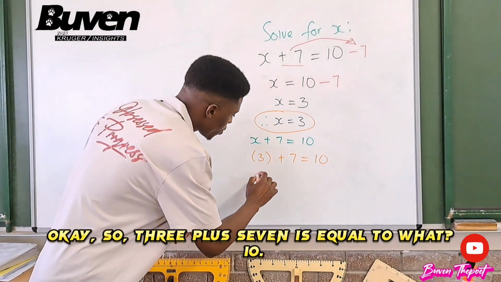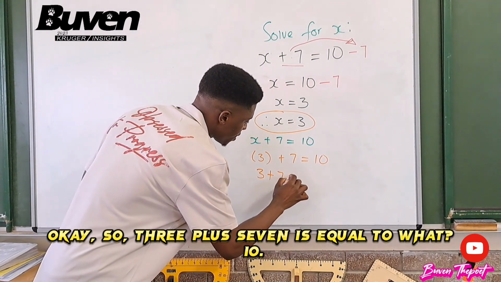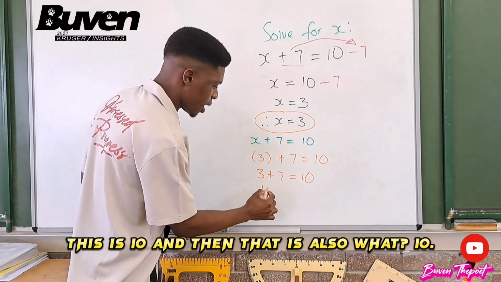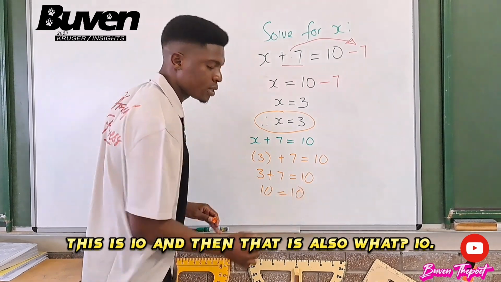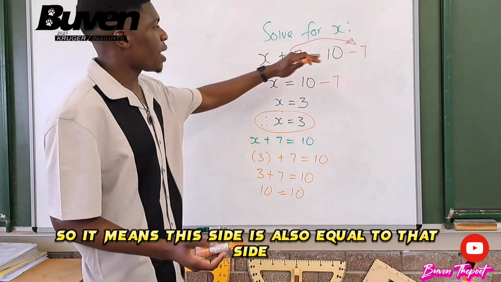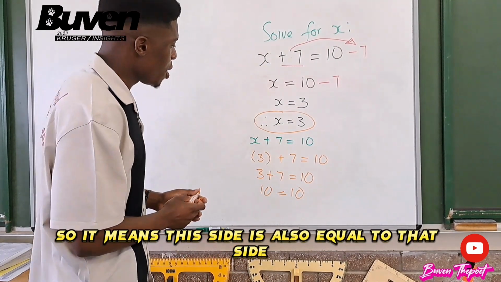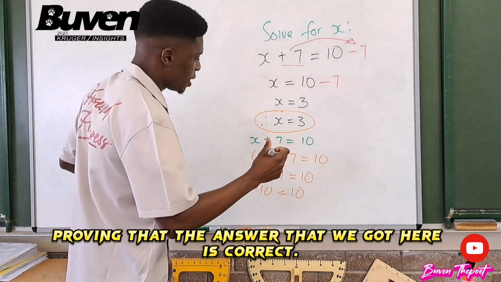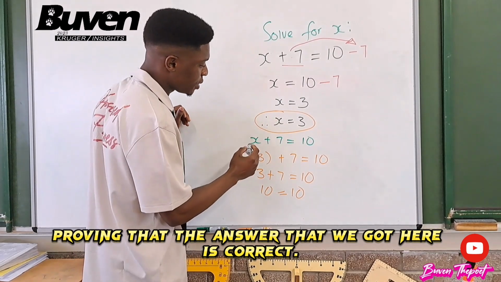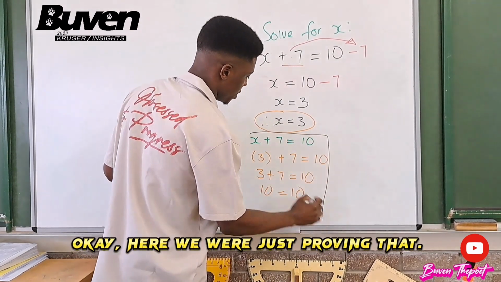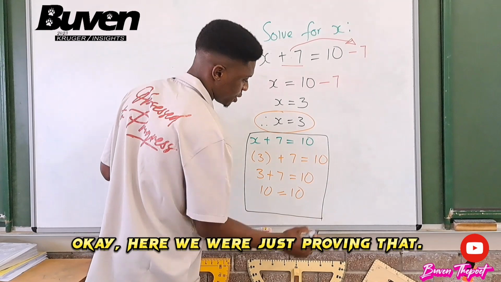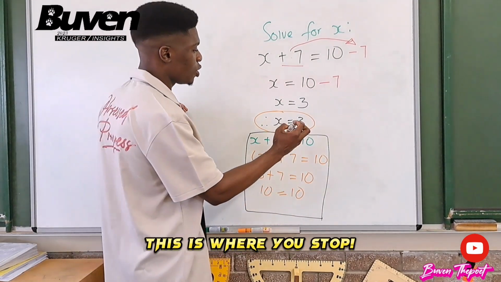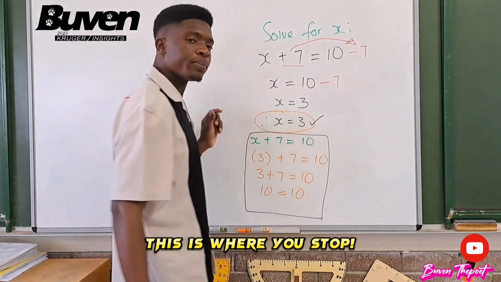So 3 plus 7 is equal to what? 10. And that is also 10. So this side is equal to that side. Here we were just proving that the answer that we got is correct. So when you solve for x, this is where you stop.